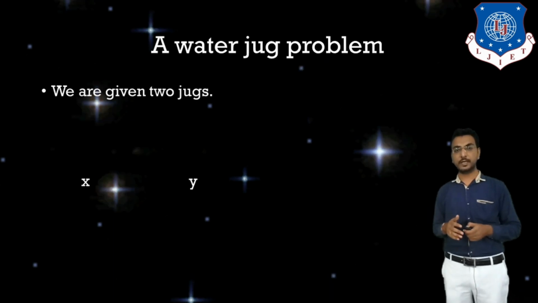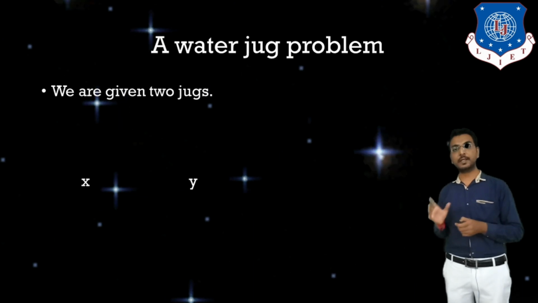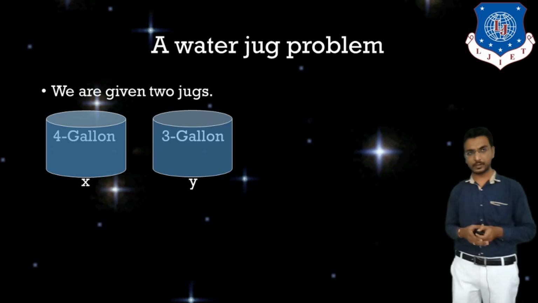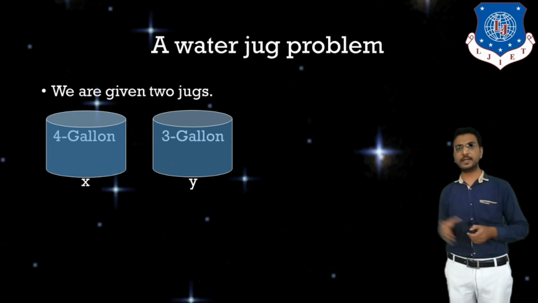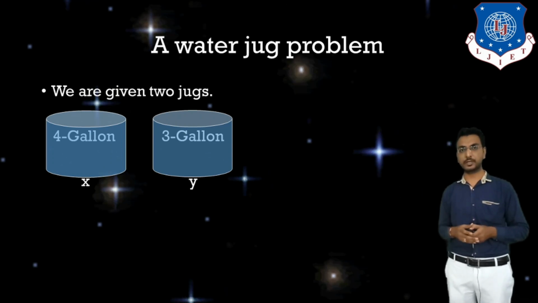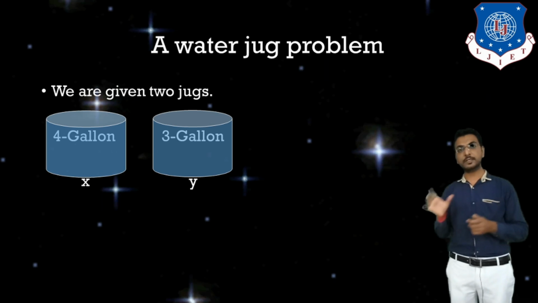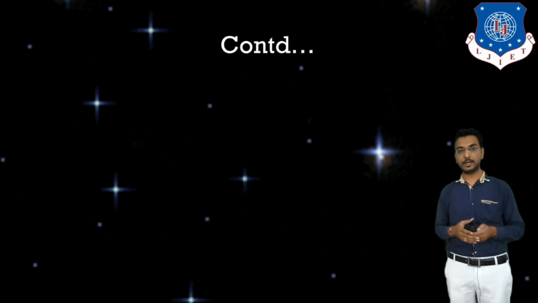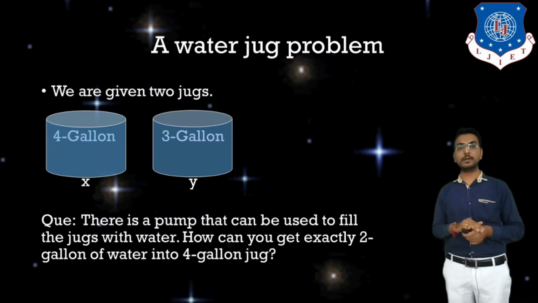Now in the water jug problem we are given two jugs. One is a 4-gallon jug and the second is a 3-gallon jug. These 4-gallon and 3-gallon figures denote the capacity of the jug.